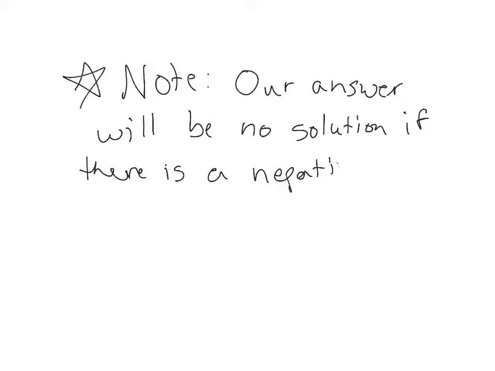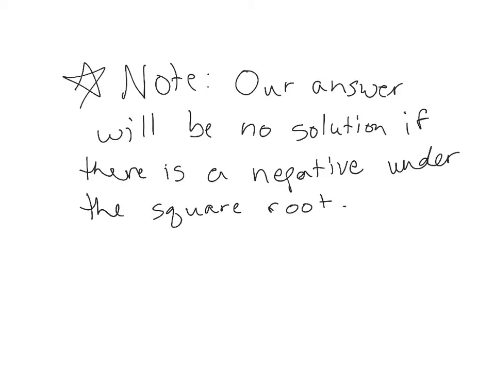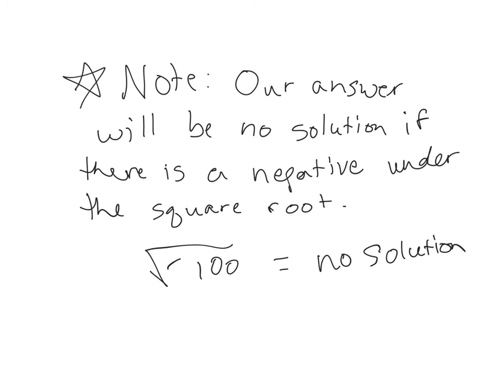Because that will give me an imaginary number, meaning our quadratic won't cross the x-axis at all. So anytime you get something that has a square root of like negative 100, that would give you a no solution. It's an imaginary number. All right, that's all for notes.